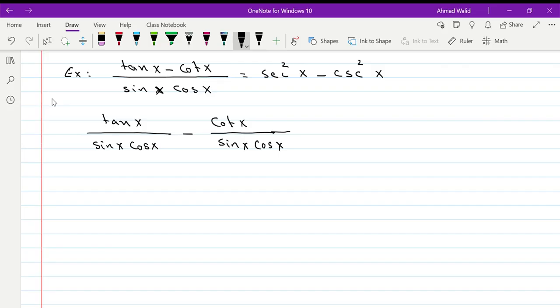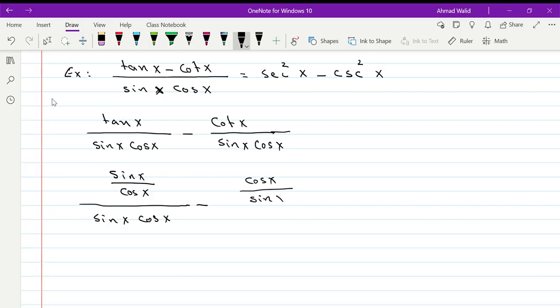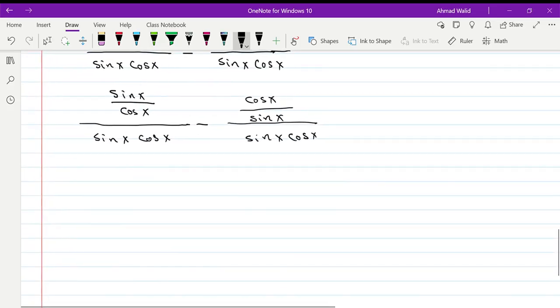Now, replace tan in terms of sine and cosine. Tan is sin x over cosine x. Then all over, what do you have in the denominator? Sin x cosine x. Minus cotangent, which is cosine x over sine x, all over sin x cosine x. Simplify. It's a complex fraction.